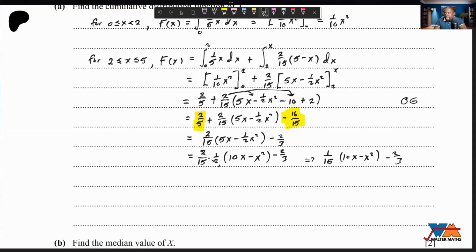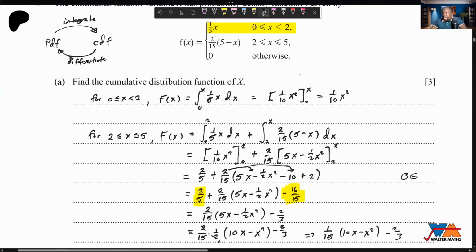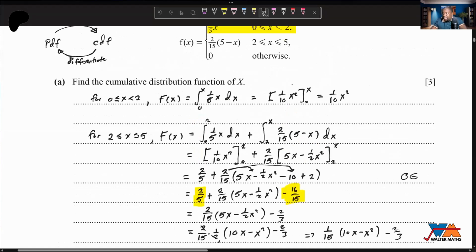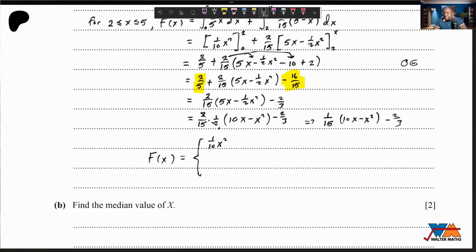So we can now say that f of x is equal to a 10th of x squared for 0 up to 2. And let me move this to the right a little.